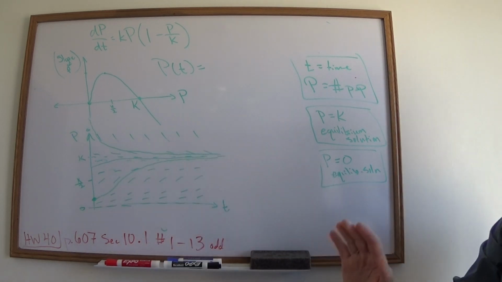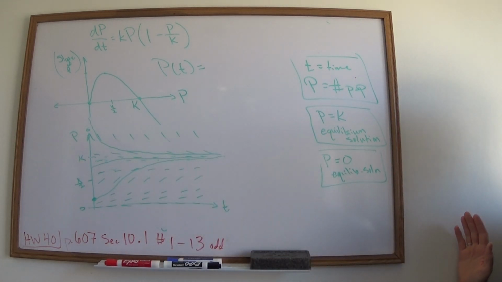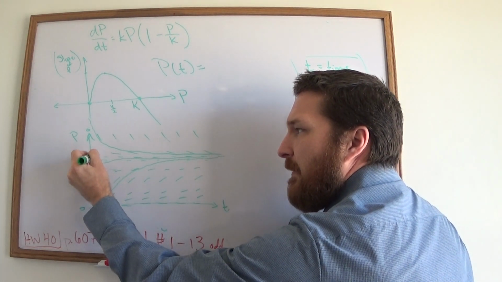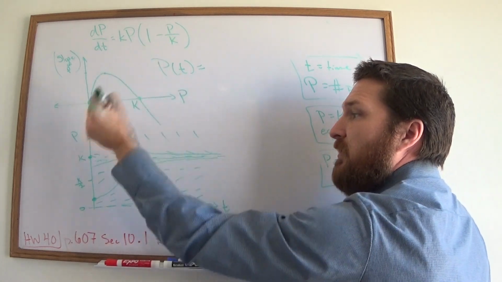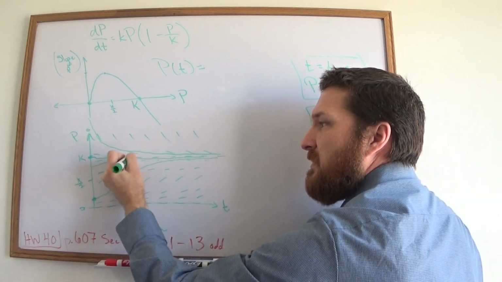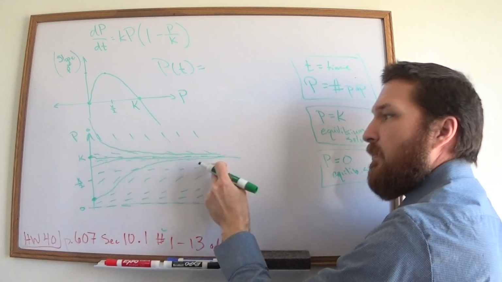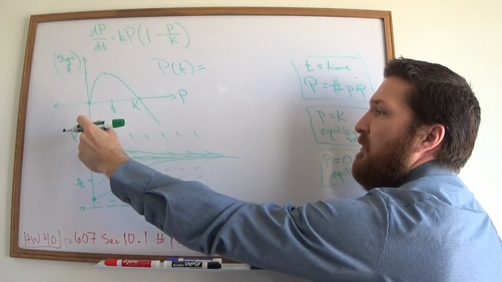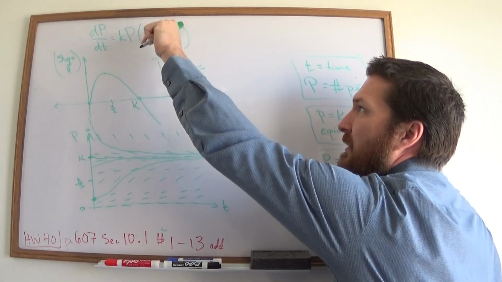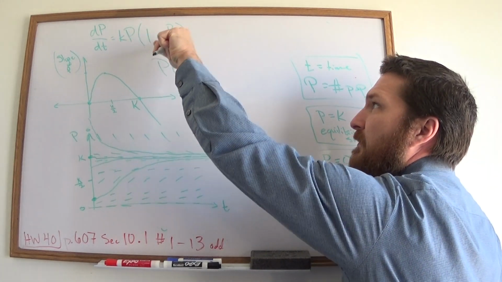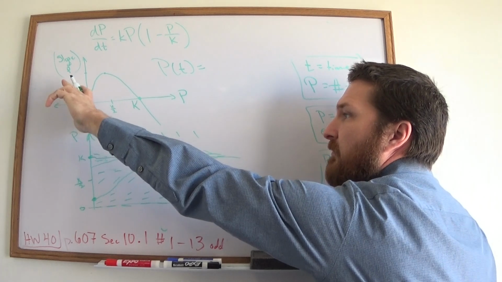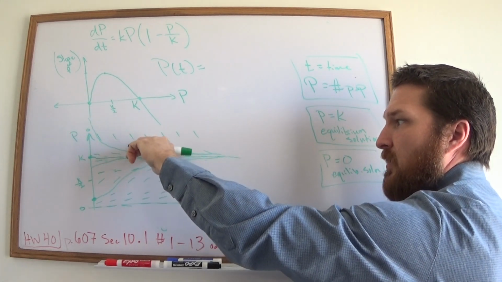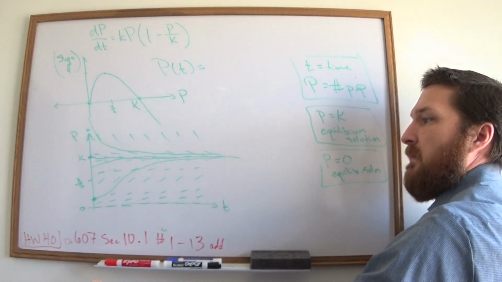And now let's just stop and see if this makes sense. If you started at carrying capacity, our differential equation says that you would just be constant. Is that what we see here? Yeah. If you started above your carrying capacity, this part would be negative, and so your slope should be negative. Is that what we see? Yes. And it dies off and approaches carrying capacity.